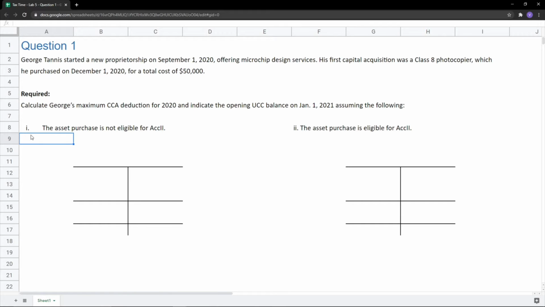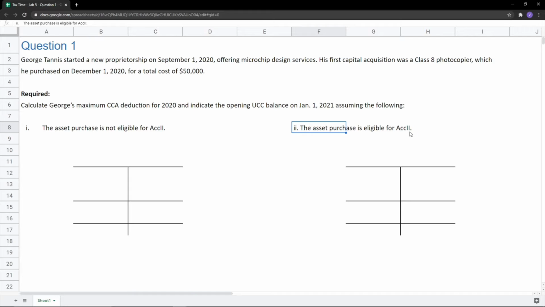The required has two scenarios. Scenario 1, the asset purchase is not eligible for the accelerated investment incentive. Or requirement 2, the asset purchase is eligible for the accelerated investment incentive, abbreviated as ACCII.